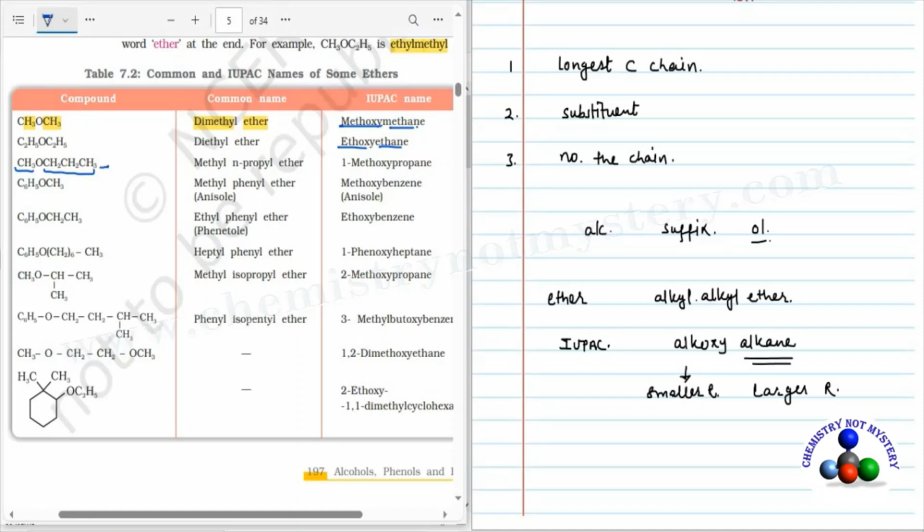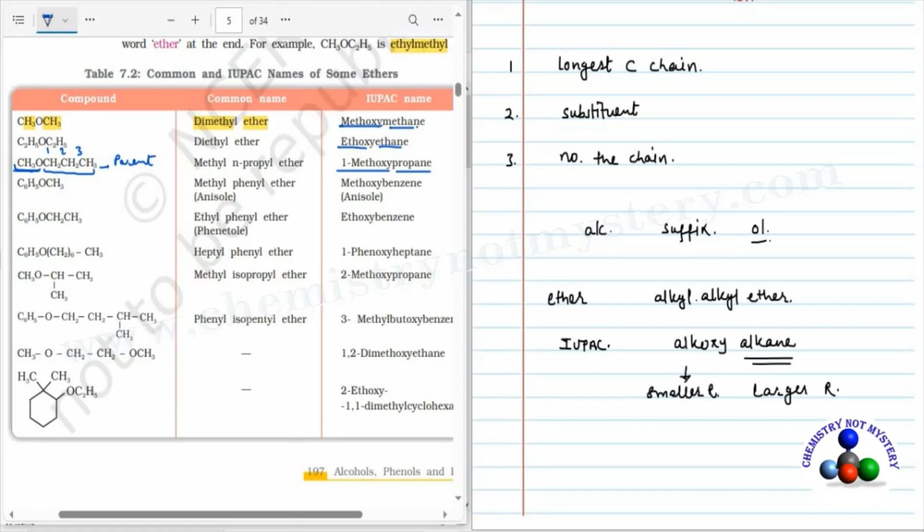So this will be the parent alkyl group and this will be the alkoxy group. So the name of this molecule will be methoxypropane. Here, the methoxy group is attached to the first position of propane. This is 1, 2 and 3. That's why 1 is written before methoxy.